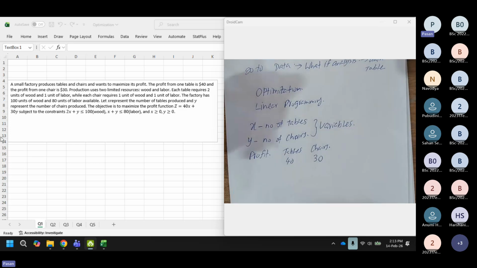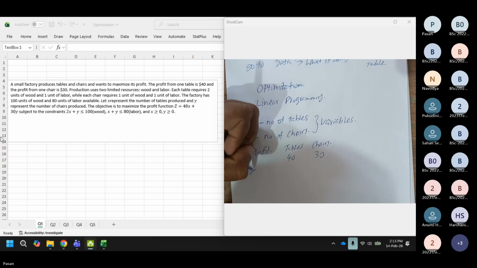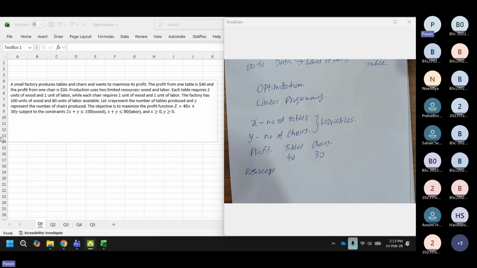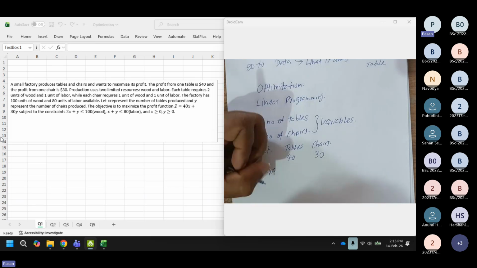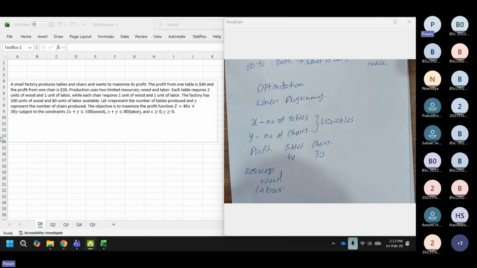So in terms of the resources, each table requires 2 units of wood and 1 unit of labor.